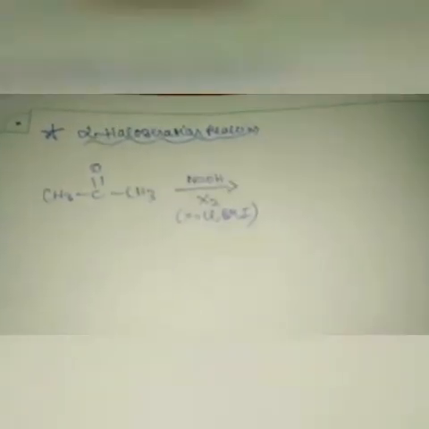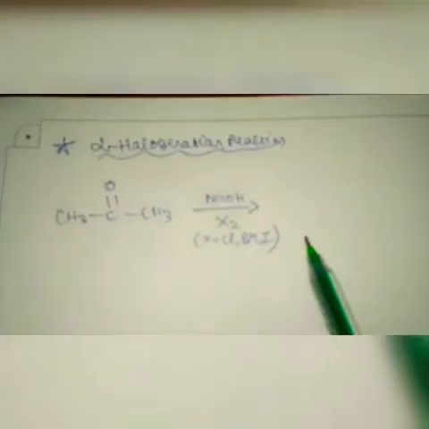So we don't consider fluorine in any of the reactions. Some special reactions do exist for the preparation of alkyl fluorides involving a fluoride ion, namely the Swarts reaction and so on. But here we would take only chlorine, bromine, and iodine.